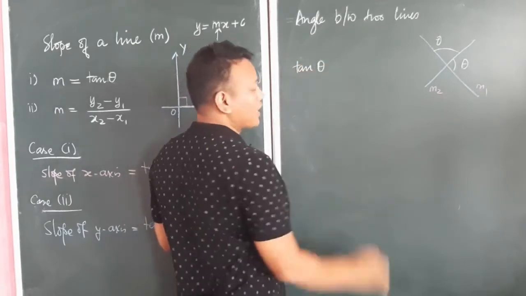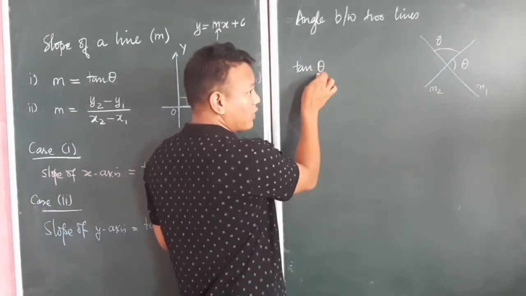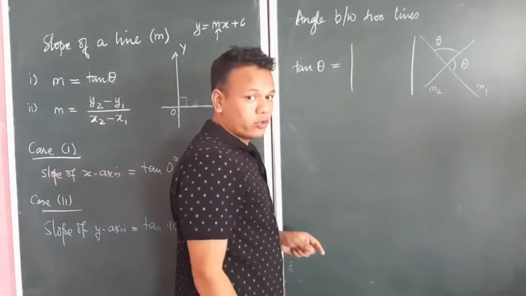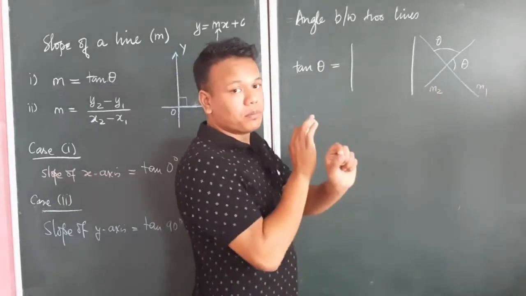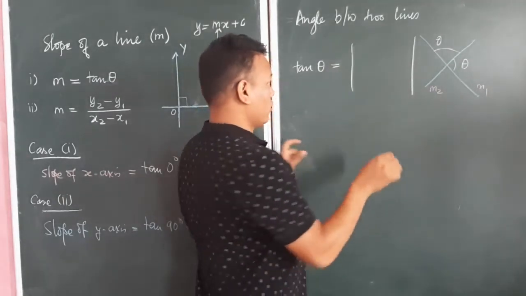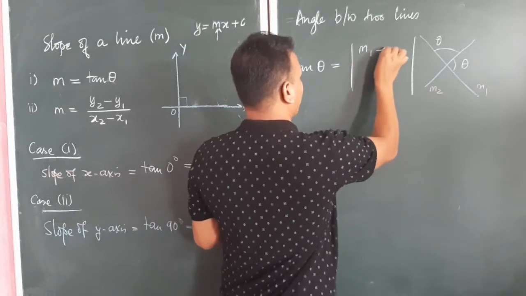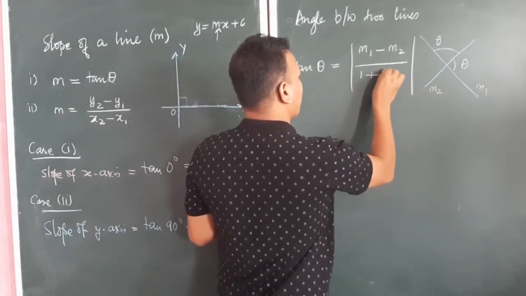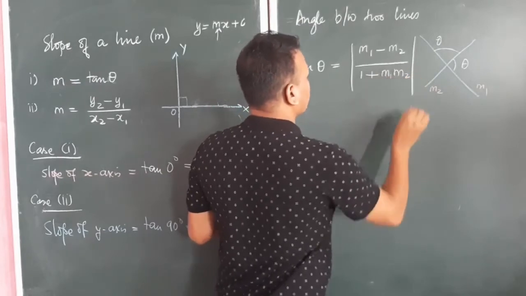Tan theta, this theta we need to find, will be equal to modulus, so absolute value, so we are taking only the positive value here, of (m1 minus m2) by (1 plus m1 m2).